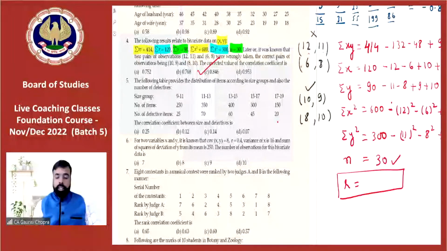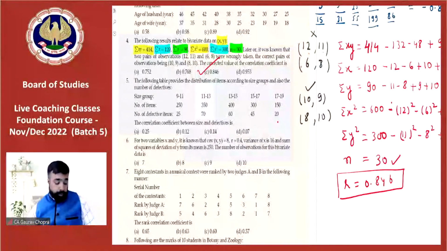So the correct answer will be option C, 0.846. So Swati has given the answer. Manvi has given. Okay.